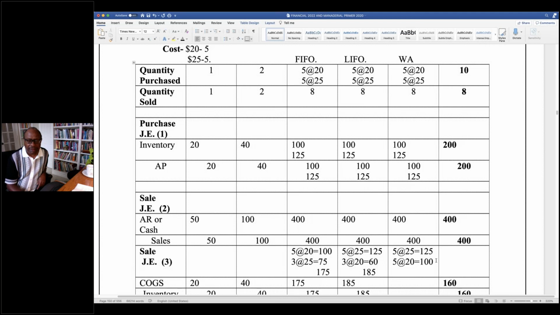I got it in that box, but I'm gonna take 10, and I'm gonna come to this right here. I'm gonna scratch that, and I'm gonna come to this 20, and I'm gonna scratch that. I'm not gonna use 20. I'm not gonna use 25.